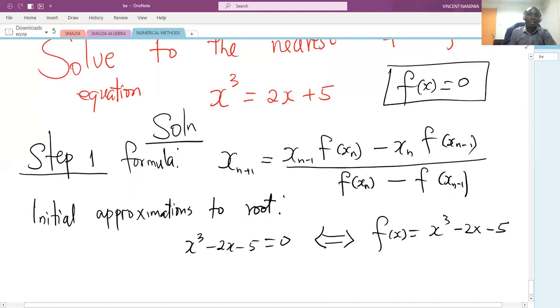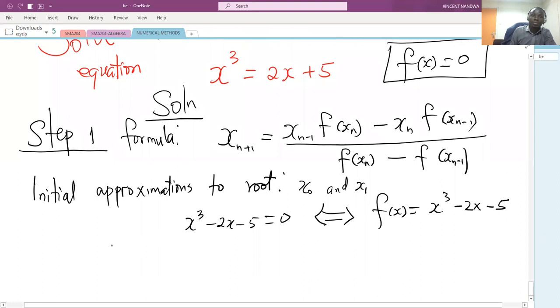If you are not given the initial approximations to the roots x0 and x1, it will be upon you to find them. You find them by knowing that two values a and b have a root between them if the sign of the function at a is opposite to the sign of the function at b.